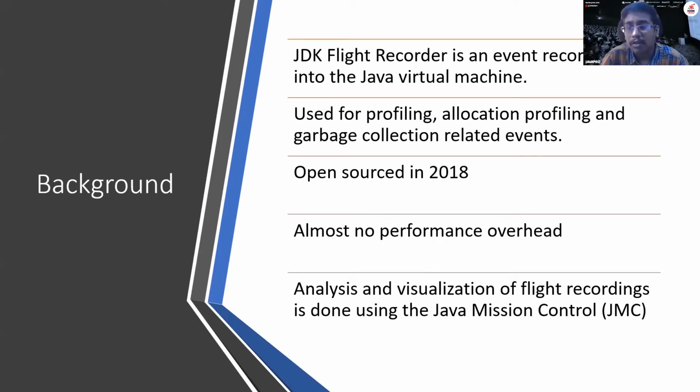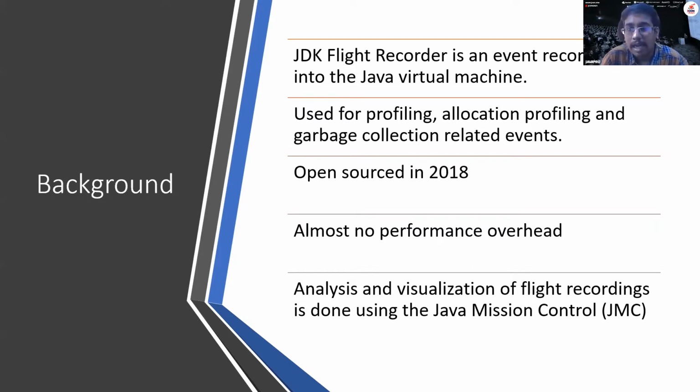But if you use the Java Flight Recorder API for certain applications which are slowly running, or those which are not ideal for production environments, then there is slightly higher performance overhead. That would be the difference in terms of the performance overhead. But in the case of the default setting, it is said to have almost negligible, less than 1% performance overhead.